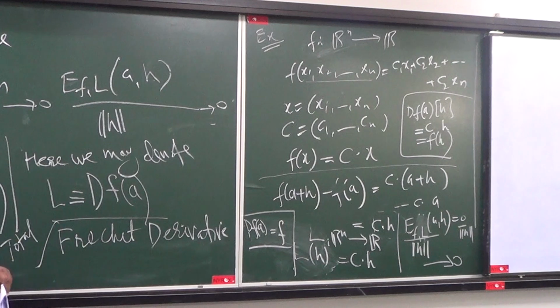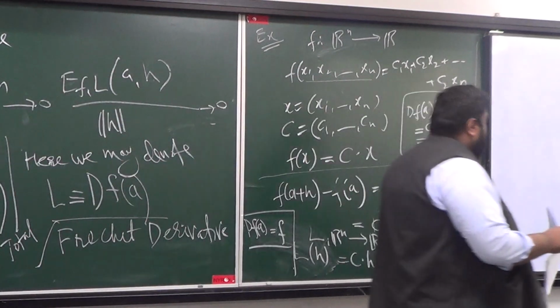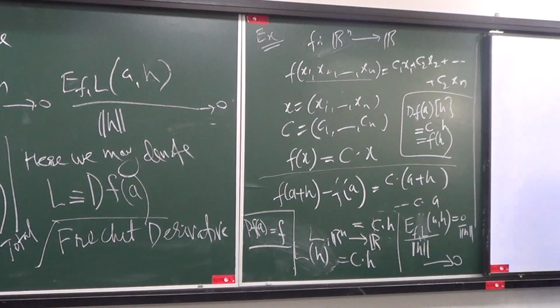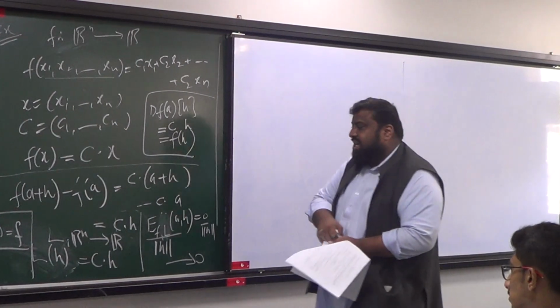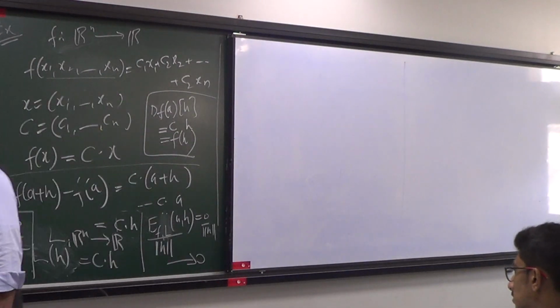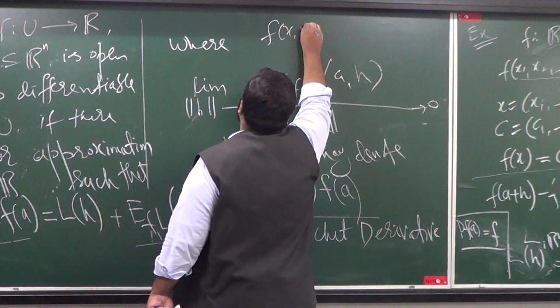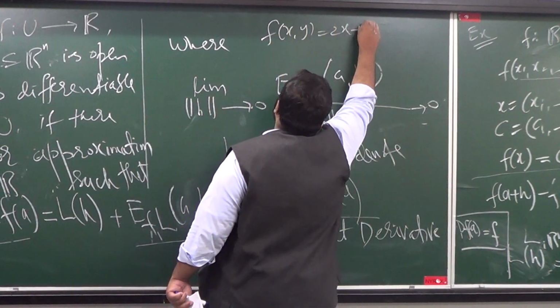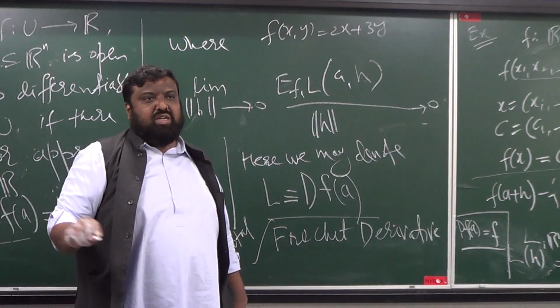So let's do another example and we'll see. This was a pretty trivial example. One of the consequences of this definition is that, imagine you have this function f of x y equal to 2x plus 3y, and I am asking what is the Frechet derivative or total derivative of it.